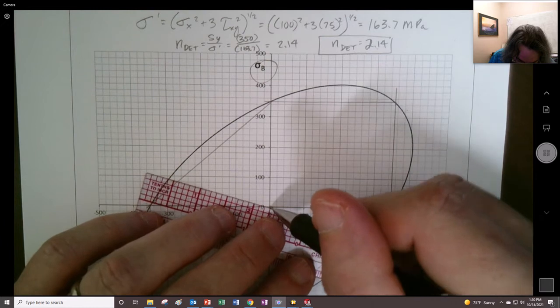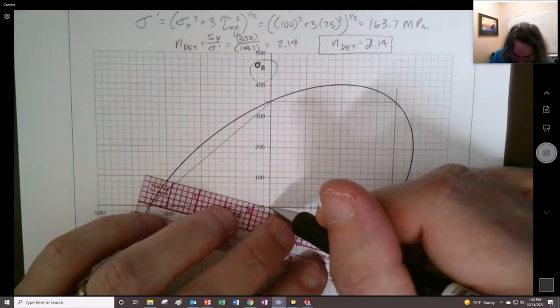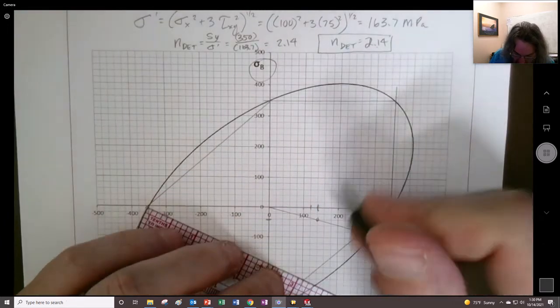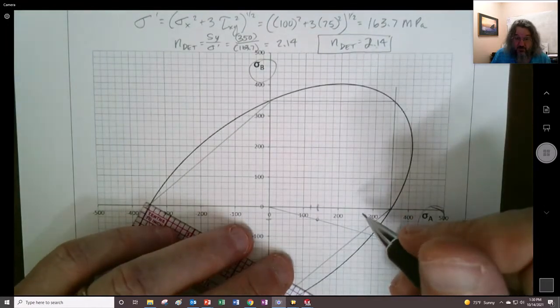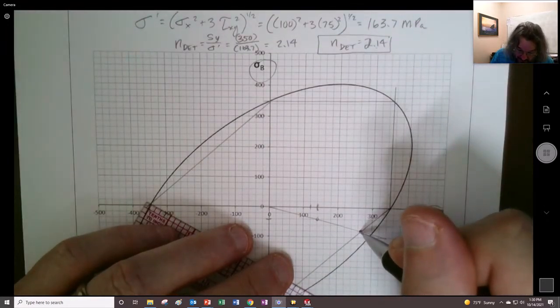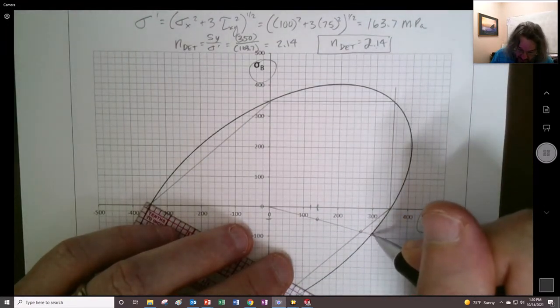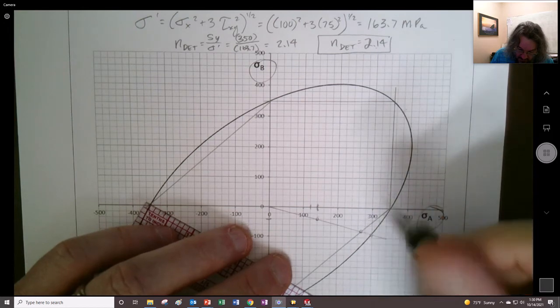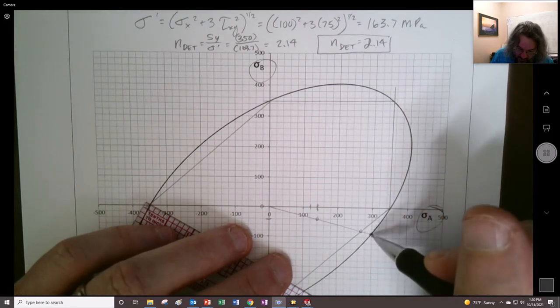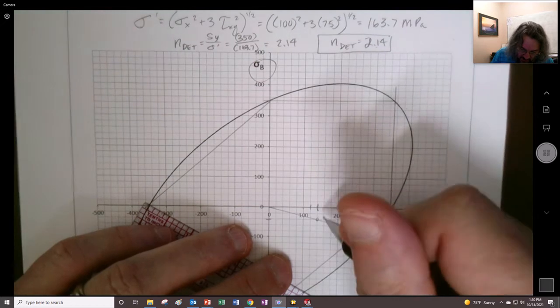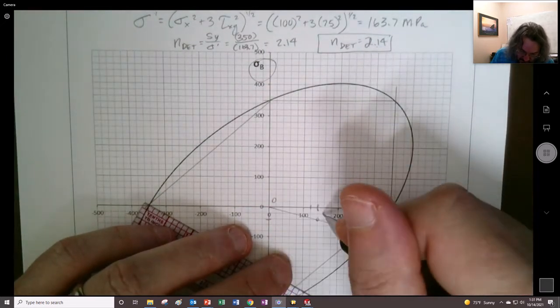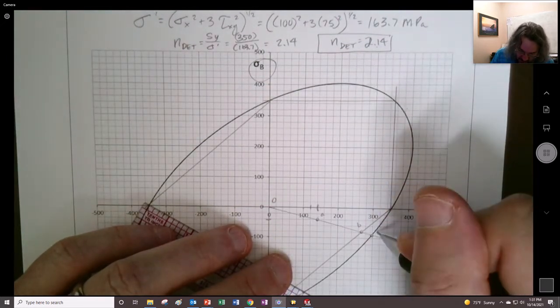We'll try to do our best to be as accurate, as precise as possible. And you can see this is where it crosses here for the maximum shear stress theory, and this is where it crosses for the distortion energy theory. So we might call this O, A, B, and C.